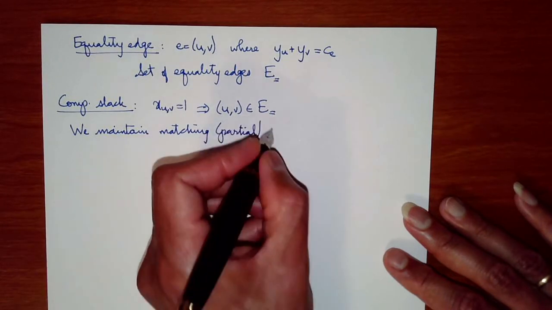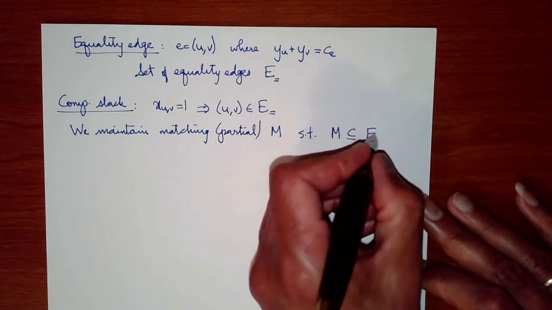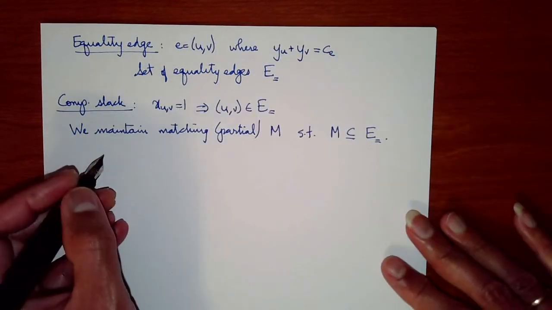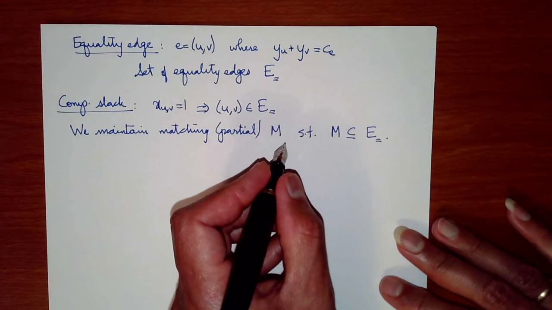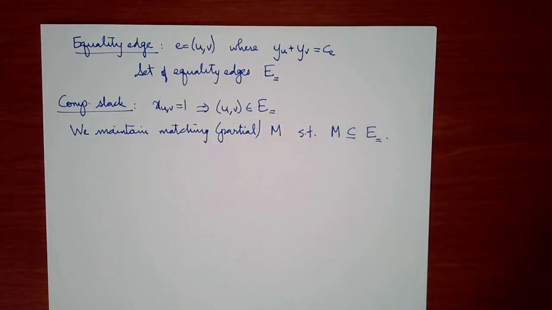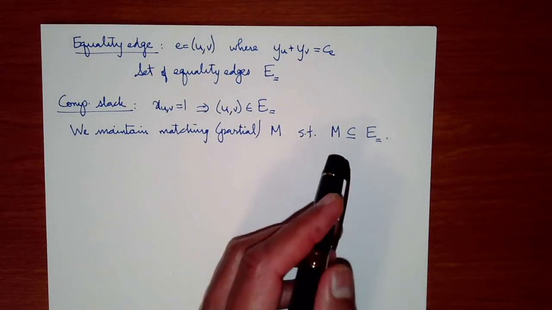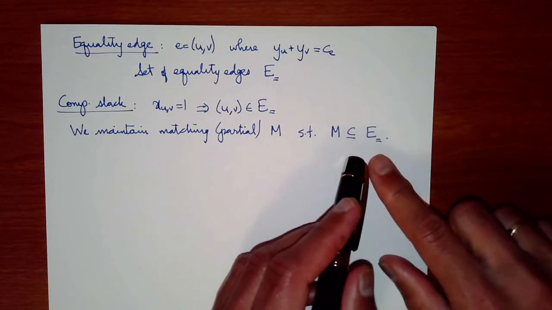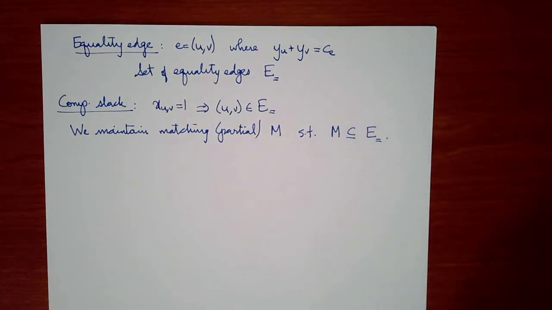We maintain a matching M such that M is always a subset of the equality edges. So this is the game now: maintain a matching which is a subset of the equality edges, and keep trying to augment and increase the size of the matching while maintaining the complementary slackness condition.